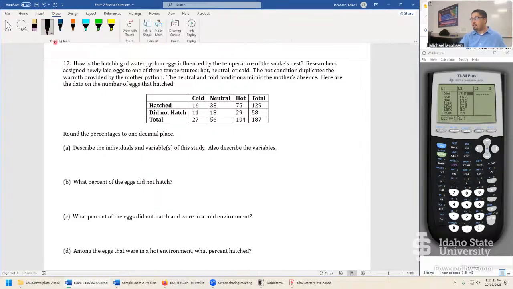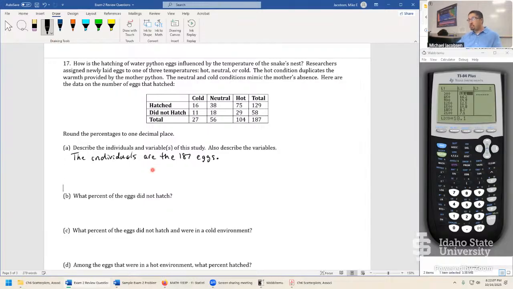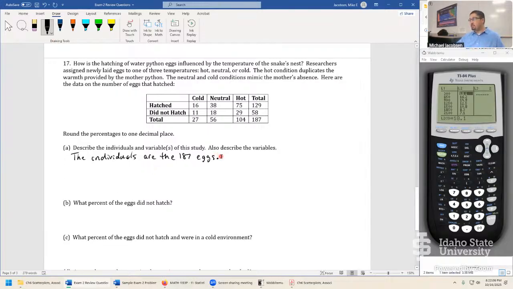But we can say here, the individuals are the 187 eggs. You could be more descriptive, but as long as you're mentioning some part of the context, that does the job. So we know it's the water python eggs in particular.